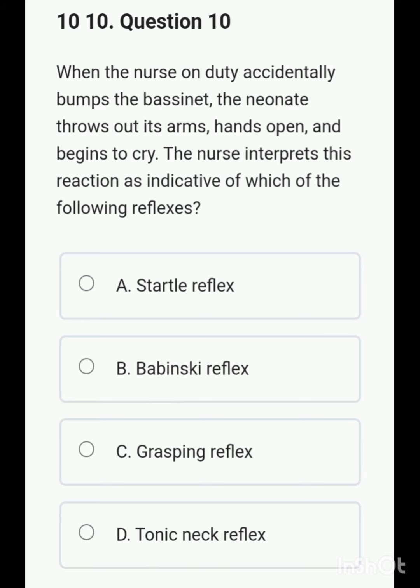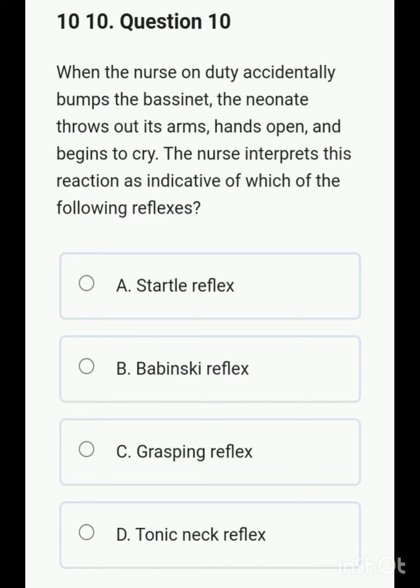Next question, 10th question: when the nurse on duty accidentally bumps the bassinet, the neonate throws out its arms, hands open, and begins to cry. The nurse interprets this reaction as indicative of which of the following reflexes?